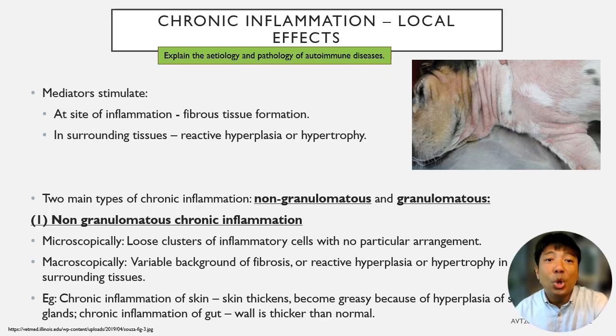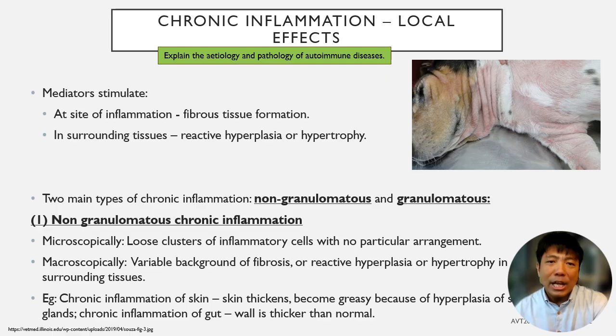Let's take a look at the local effects of chronic inflammation. In chronic inflammation, mediators stimulate fibrous tissue formation at the site of inflammation and can cause hypertrophy and hyperplasia in surrounding tissues.